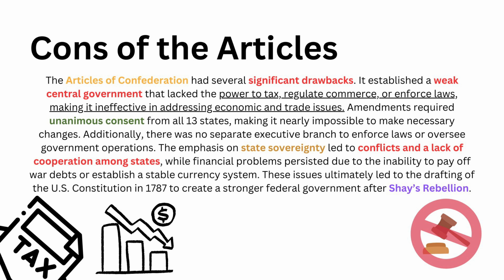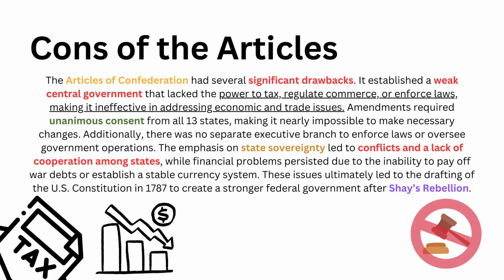The Articles of Confederation had several significant drawbacks. It established a weak central government that lacked the power to tax, regulate commerce, or enforce laws, making it ineffective in addressing economic and trade issues. Amendments required unanimous consent from all 13 states, making it nearly impossible to make necessary changes.